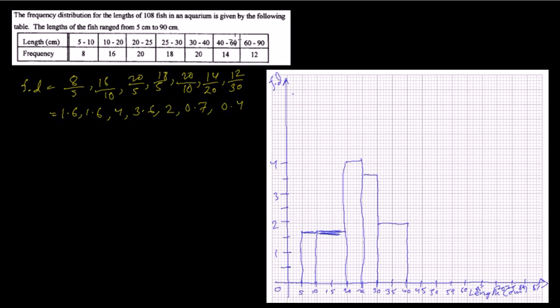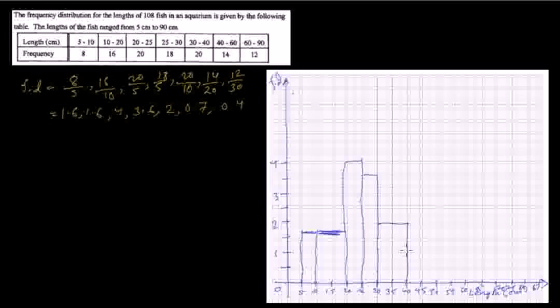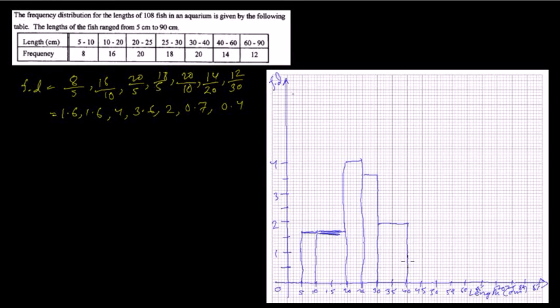Then 40 to 60, the height is 0.7. So 0.7 is going to be around here to 60. And then we have 60 to 90, which is 0.4. So 0.4 is here. So 60 all the way to here, maybe around here to 90.